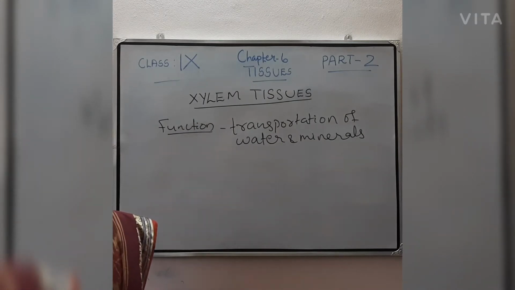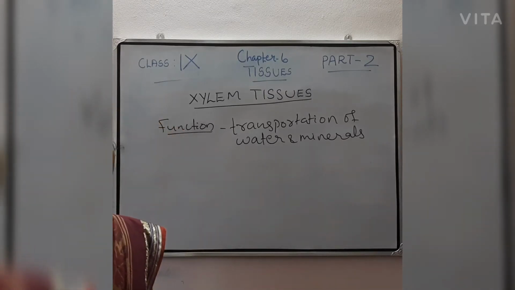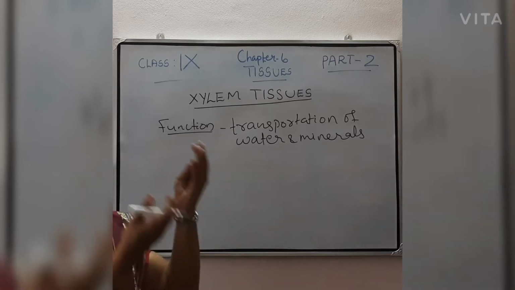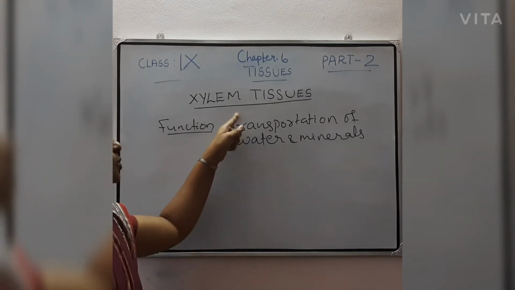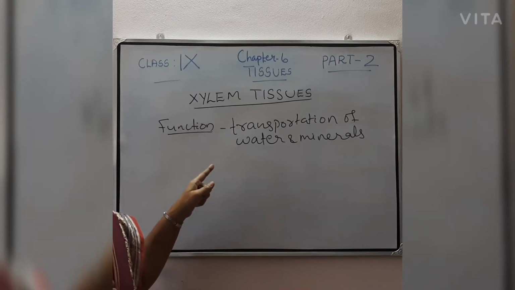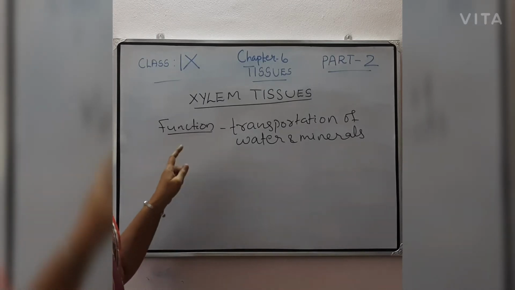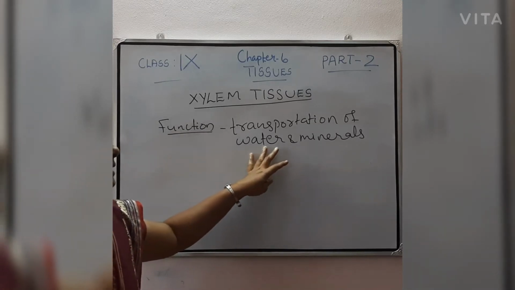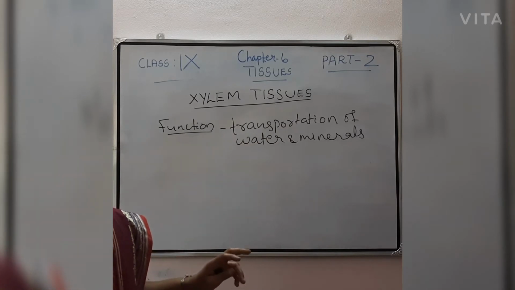From the soil through their roots, and these water and minerals are conducted towards the top of the plant. That means only upward conduction. For that upward conduction of water and minerals, which tissue is helping? That is xylem tissue. So xylem tissue is a complex permanent tissue and part of the vascular bundle. And what is its function? The upward conduction of water and minerals, that is transportation of water and minerals.